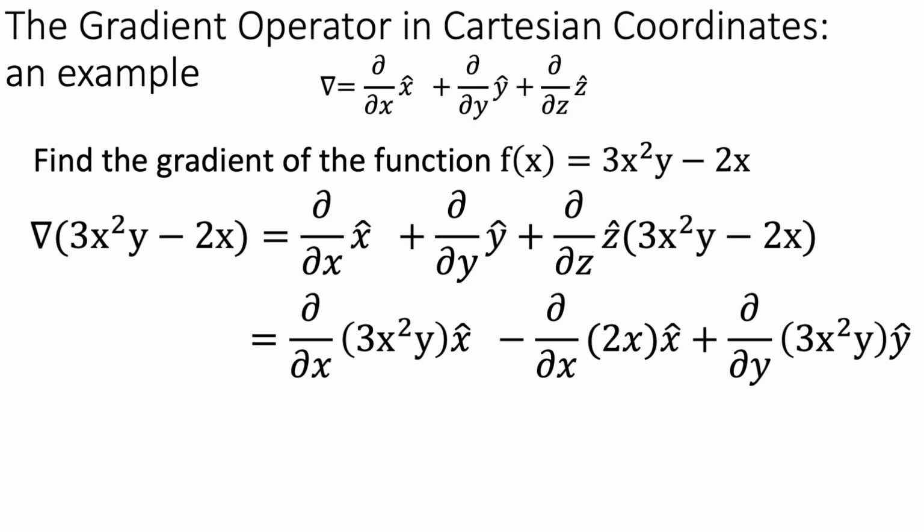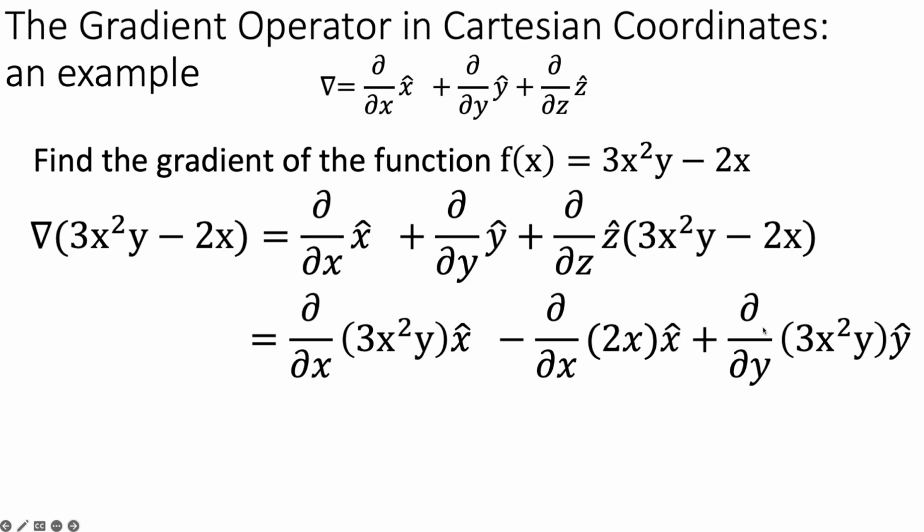So let's expand that. Here we have d/dx of 3x squared y, times x hat. Don't forget the x hat. These things are part of the algebra, that's why we put them here. Now d/dx also acts on this minus 2x, so we have d/dx operating on 2x, we brought the minus sign out front, and of course x hat.